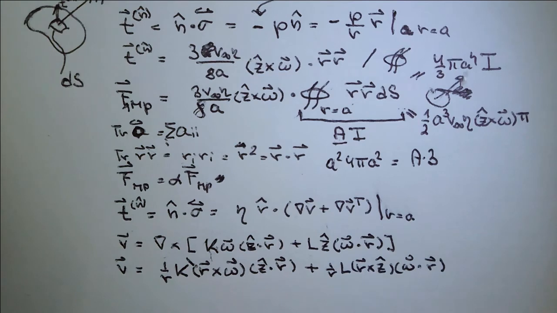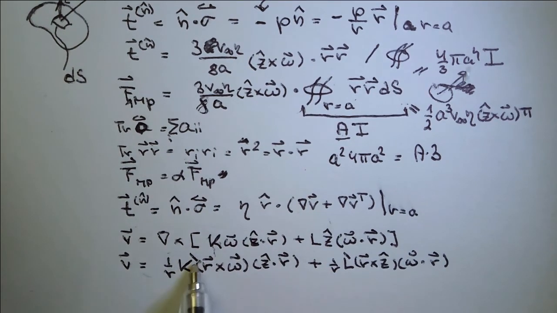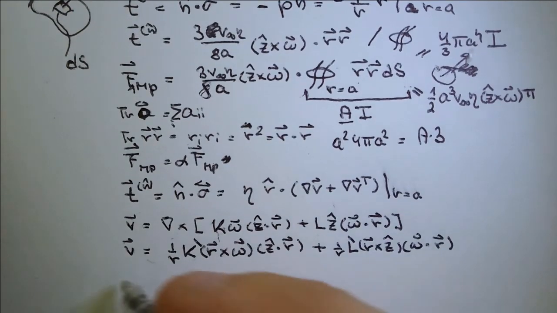The second derivative must apply only on k. Why? Because otherwise k and k prime is 0. I've told you about it.